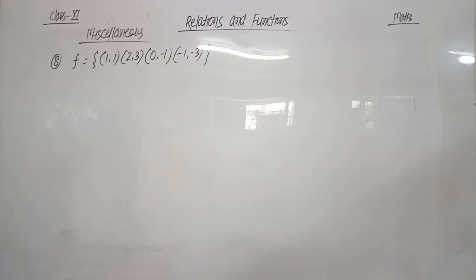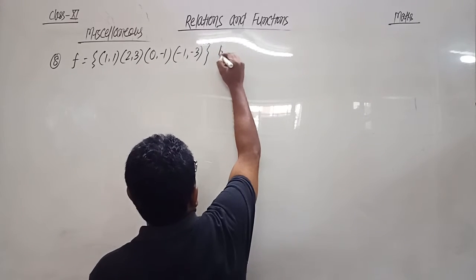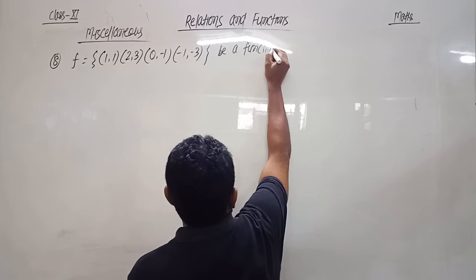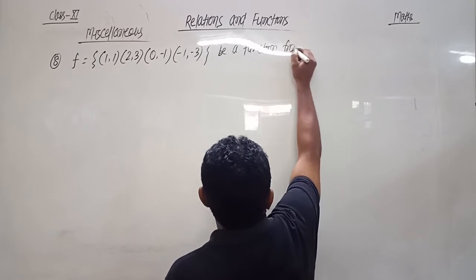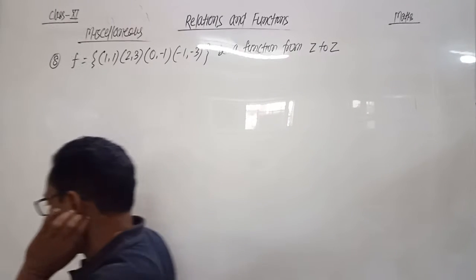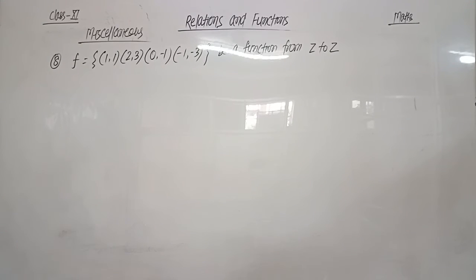We have been given the function, be a function from Z to Z. The function is defined from integer to integer. Z means integer.